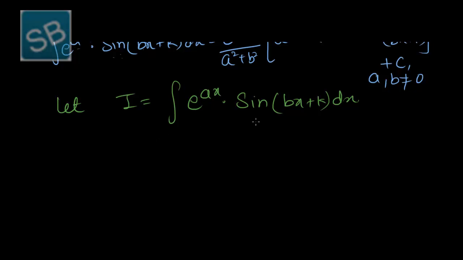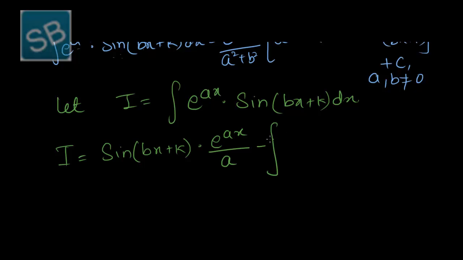So taking sine as the first function and e raised to power ax as the second function, by the ILATE rule, I is equal to sine of bx plus k into the integration of e raised to power ax, that is e raised to power ax over a, minus the integration of the derivative of sine bx plus k.